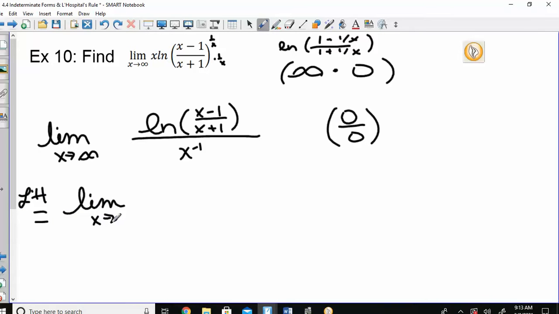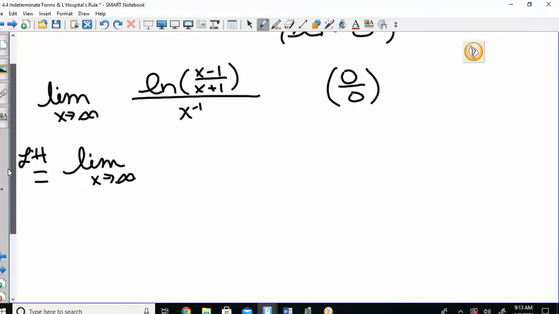Alright, how am I going to do the derivative of that mess? Yeah, we are going to have to do the chain rule, aren't we? So a derivative of a log is 1 over the argument.